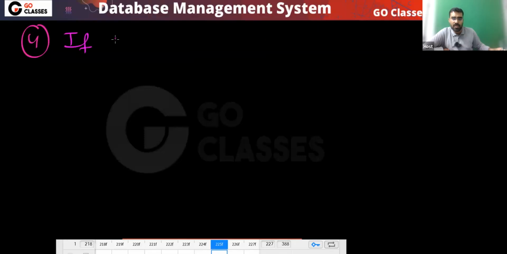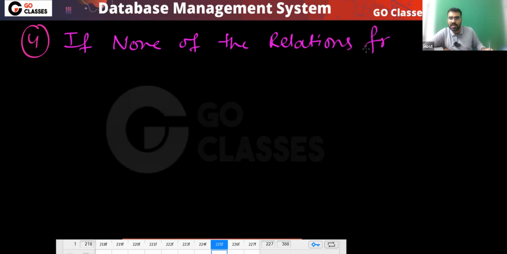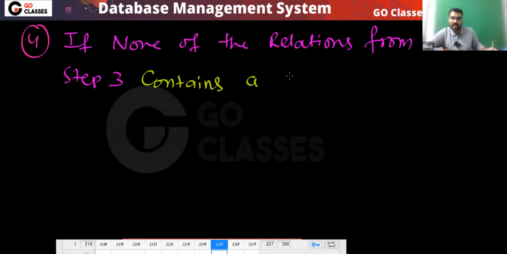If none of the relations from step 3 contains a candidate key, yes or no? Is this clear?